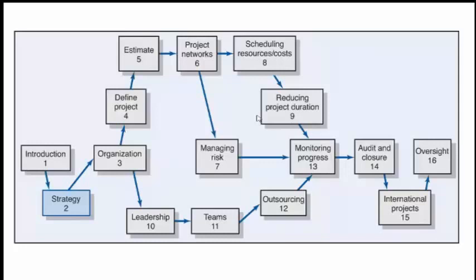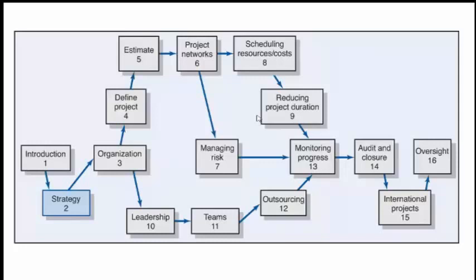Also, what are the expectations, the roles and responsibilities of the project, what are the expectations from the customer side, things like that are highlighted in the stage of define the project.